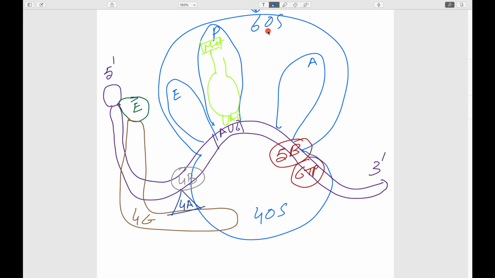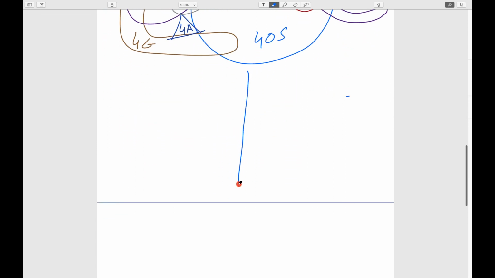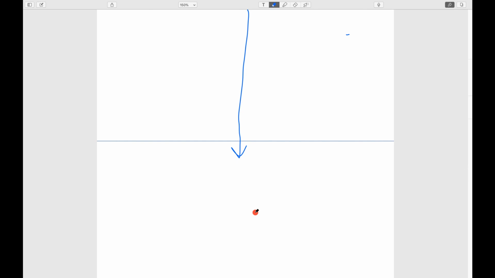Next, there is the final step. Here, 5B GTP is converted to 5B GDP, and the 5B GDP is released.